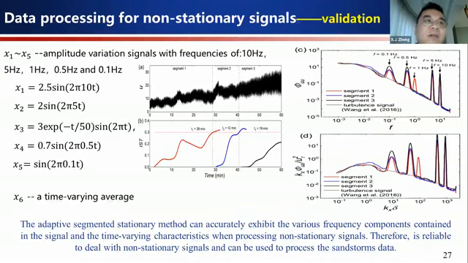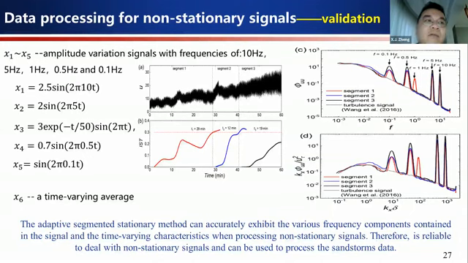To validate the reliability of this method, we employed a synthetic fluctuating signal consisting of real turbulent fluctuating signals and several artificially added non-stationary signals.